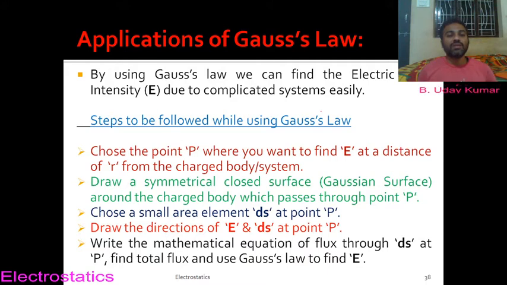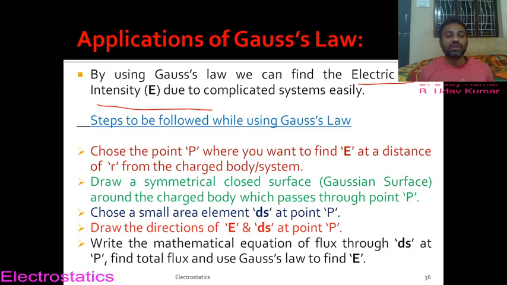So now this Gauss law will help us to find the electric field intensity of certain complicated system of charges very easily. So that means by using this law, we can easily find the electric field intensity of a certain system of charges. But to find that, we need to follow certain steps, which I have already written over here.